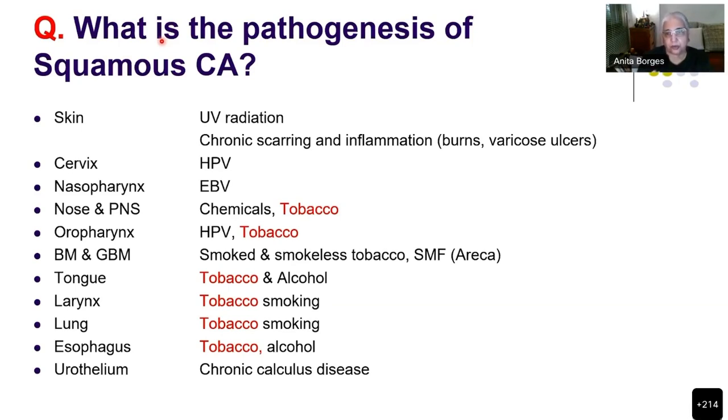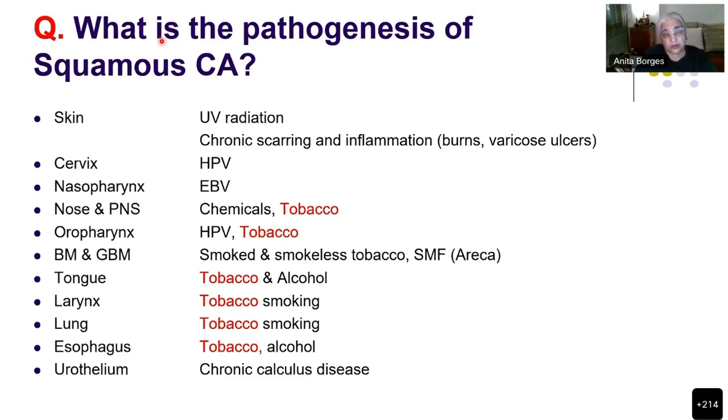That is also producing a squamous carcinoma over there, and we'll see what is actually going on when you have chronic scarring and repair. The cervix we just talked about, that's HPV.